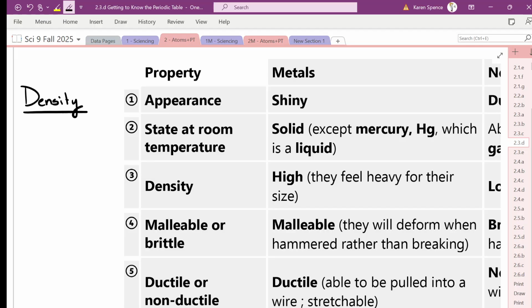Does it have a high density or a low density? High density. If it had a high density, I would not want to do this, because it would hurt, because it would have a lot more mass for its volume, for its size.